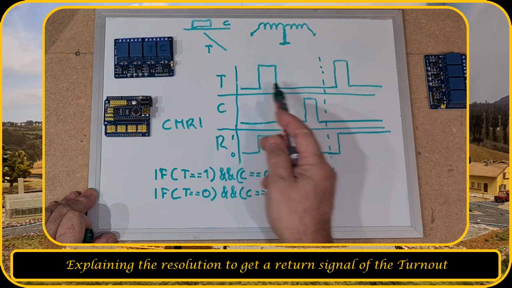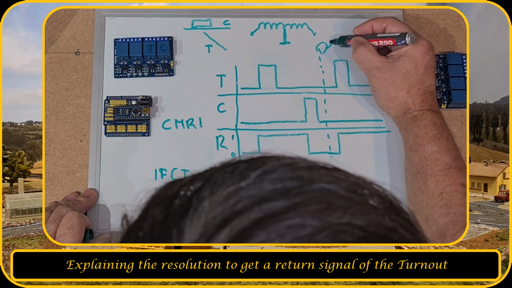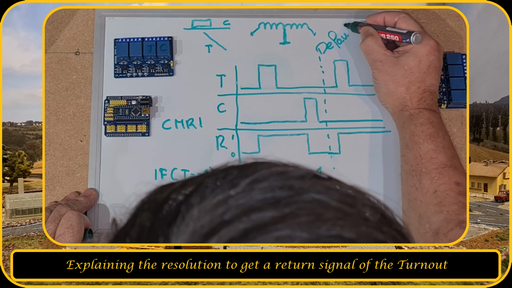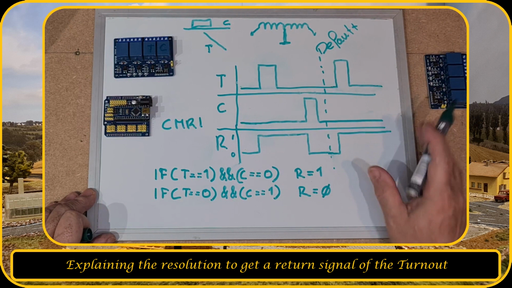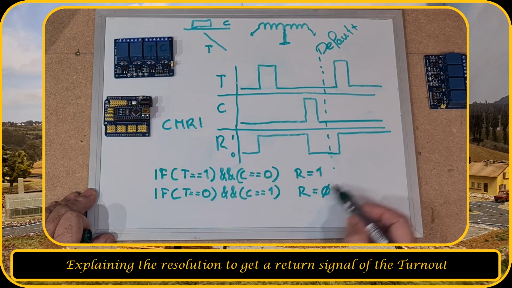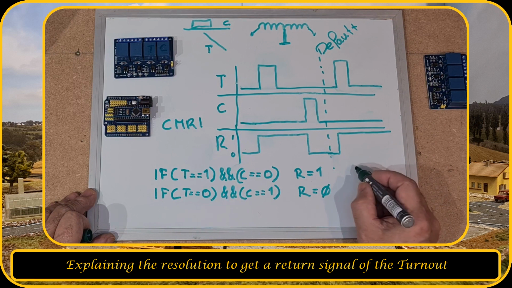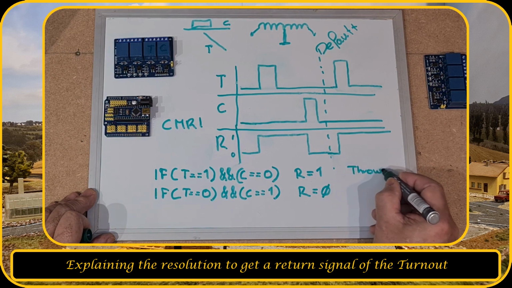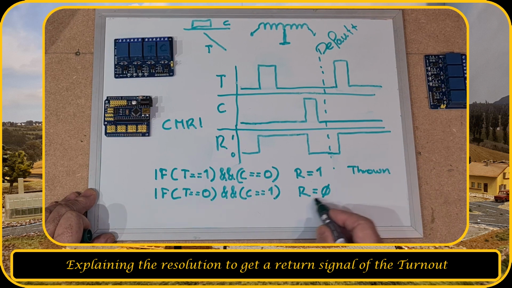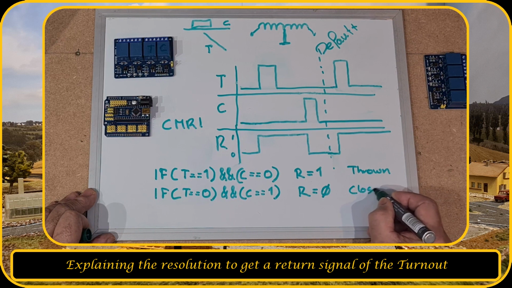So first thrown and then 0, then this is the default. And then whatever happens here will result in a correct value, and the 1 stands for thrown, and the 0 stands for closed or straight.